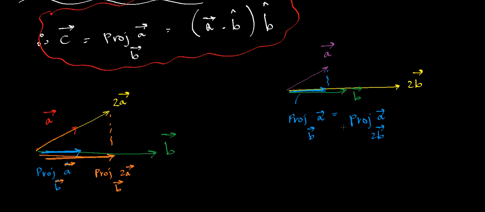It's the same vector. So changing the magnitude of B wouldn't change the magnitude of the projection. And this also makes sense in this equation, because in this equation we're only using the unit vector B, which is B divided by its magnitude. So it doesn't really matter what the magnitude of B is, because we're always going to use the unit vector which has a magnitude of 1.